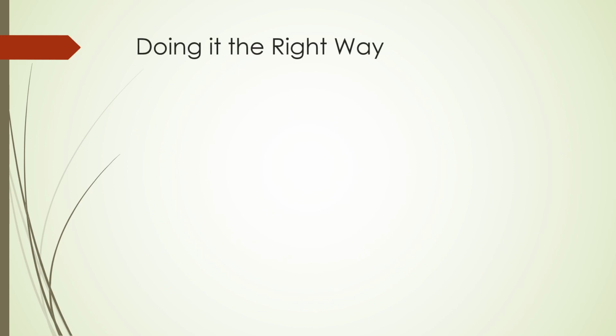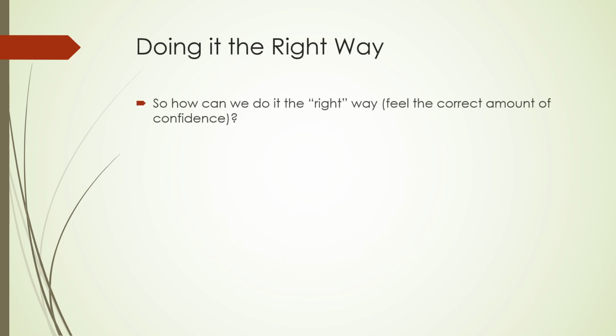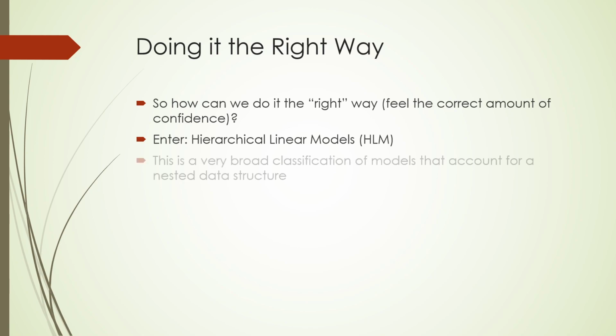So, how do you do it right? Well, the right way, or the right level of confidence, is called hierarchical linear modeling. It's a really broad classification of models, and we're not going to go into the complete breadth of it. We'll mention many extensions at the end of this lecture set that account for this nested or clustered data structure.